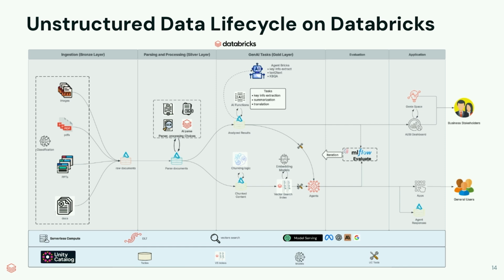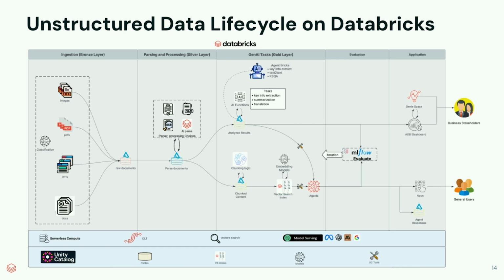Branch out in the gold layer. The top half is sort of a batch workload. On Databricks, we have AI functions, as I mentioned previously, that allow you to perform those tasks of information extraction or translation in the batch format.